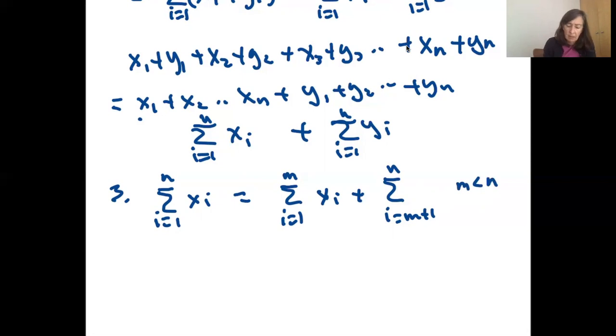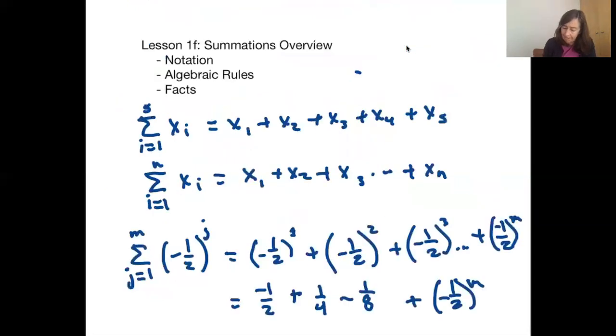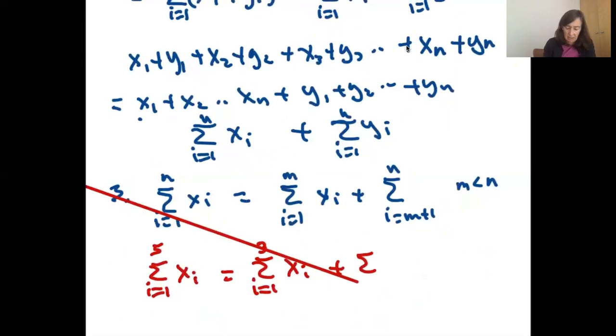So just doing an example of that, let's let n equal 5. If I have the sum as i goes from 1 to 5 of the x of i's, sure enough, that is the same thing as letting i go from 1 to 3, adding those x of i's, and then separately letting i go from 4 to 5 for the last two x of i's.